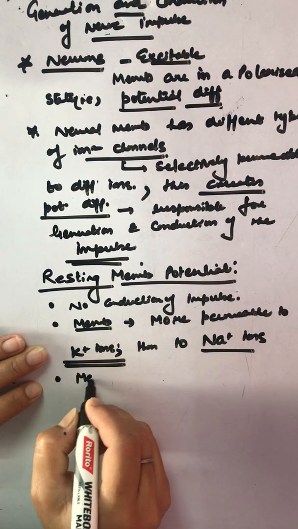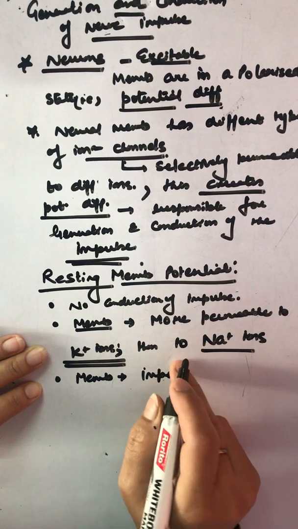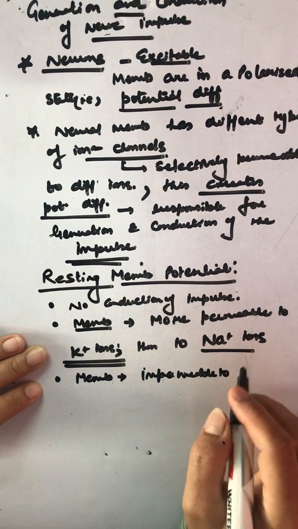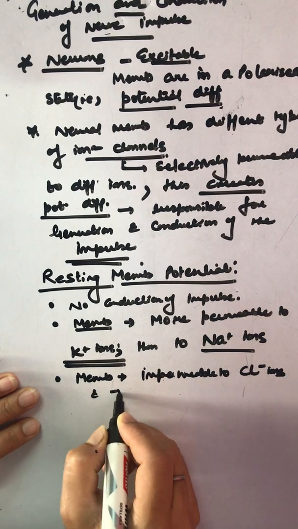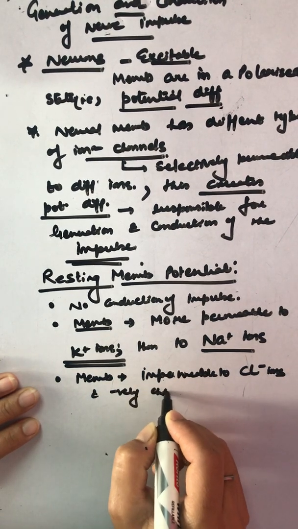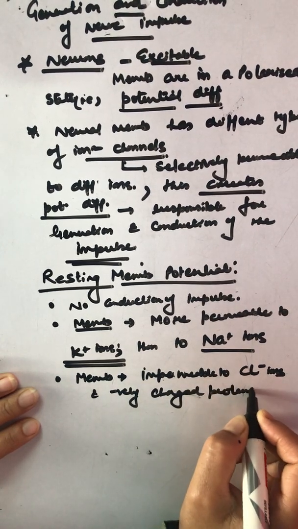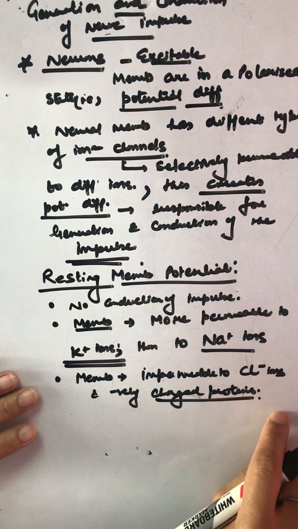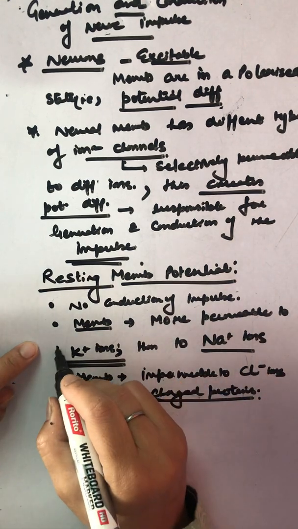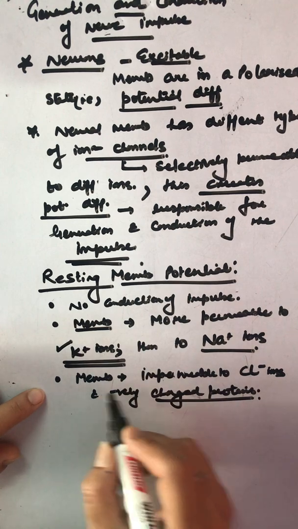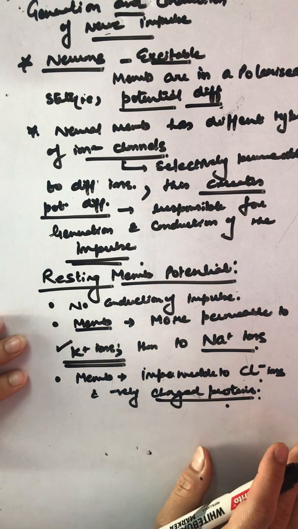And the membrane is impermeable to the chloride ions and negatively charged proteins of the exoplasm. So we have a condition that the membrane is more permeable to potassium ions compared to sodium ions and completely impermeable to chloride ions and negatively charged proteins of the exoplasm.